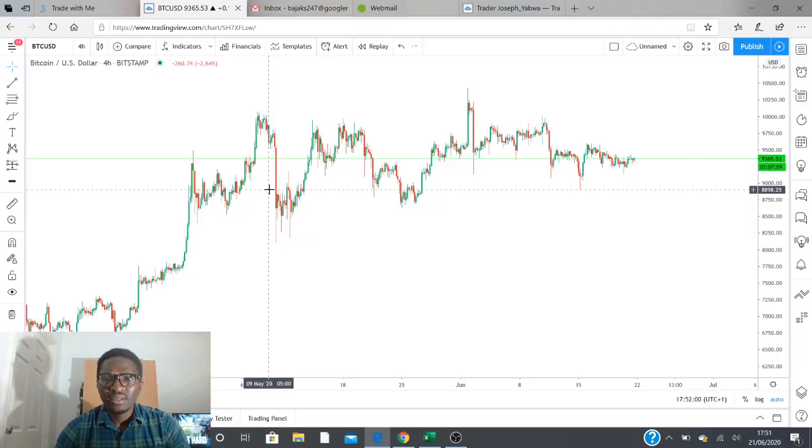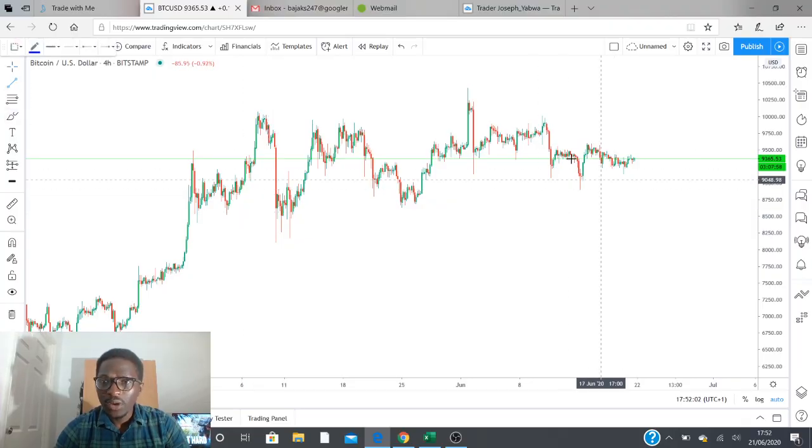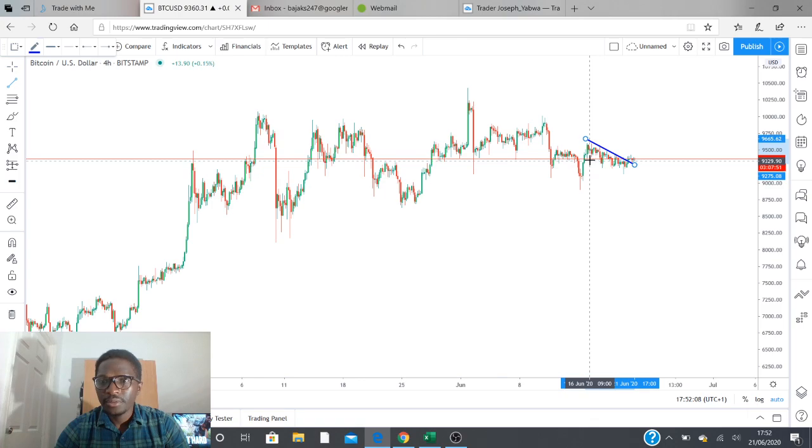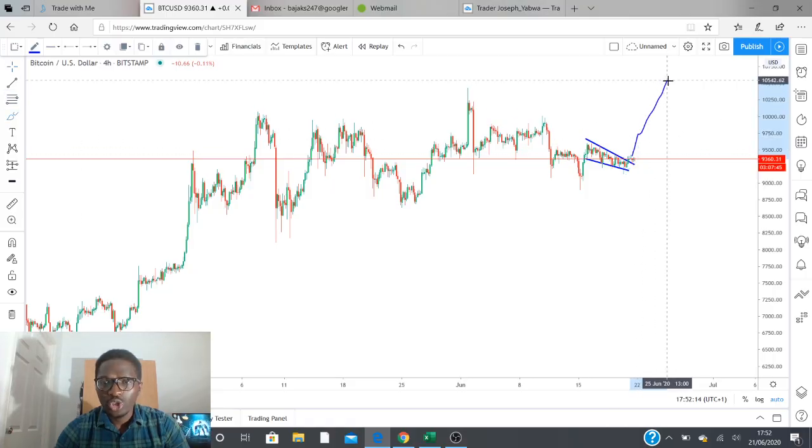And currently, if you focus on the current structure of the market, we can see that the market is clearly setting up for a nice buy setup, a buy setup where you'll be looking for this market to break out soon. This coming week we're likely going to get that break.